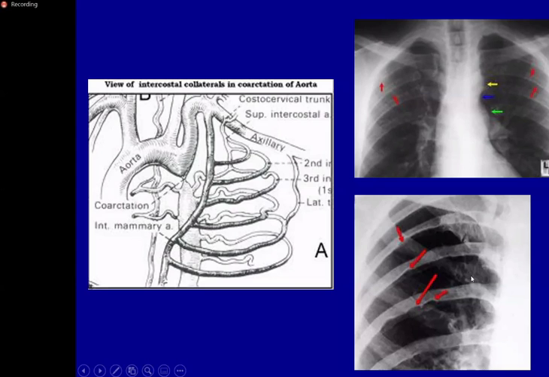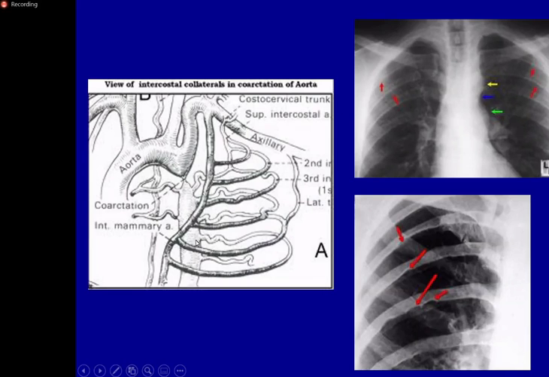And with poor femoral pulses, of course, this will not occur in a newborn baby. It will be later in life that you will see it, in a 3-year-old, 4-year-old, 5-year-old. When the ribs are getting mature, you will see a notching in the ribs. This is happening because blood is trying to come this way and enter into the aorta. So to the internal mammary, it will come this way, internal mammary anteriorly, then it feeds the intercostal vessels.